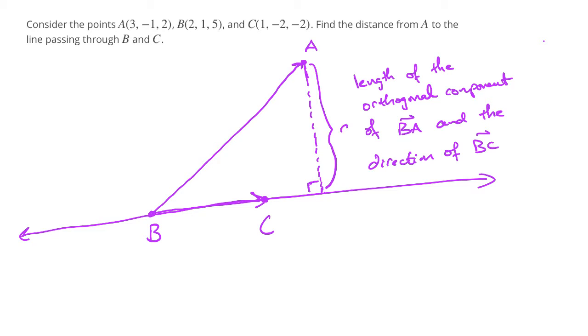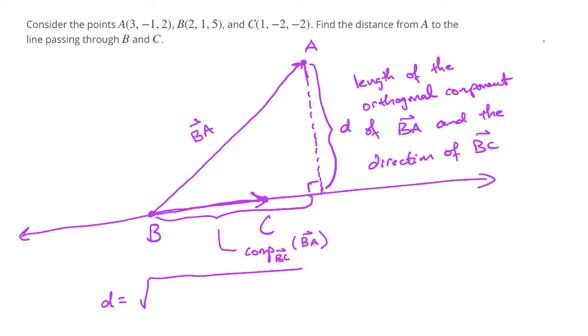So if we call that distance D, then we have the length of the scalar projection. So that's the component in the direction of BC of our vector BA. And then what we have on this side is our vector BA. And so our value D is just going to be the square root of the completion of that right triangle.